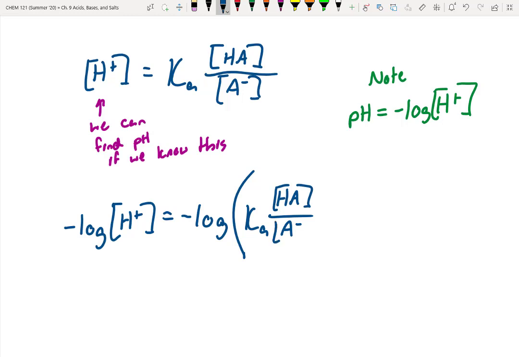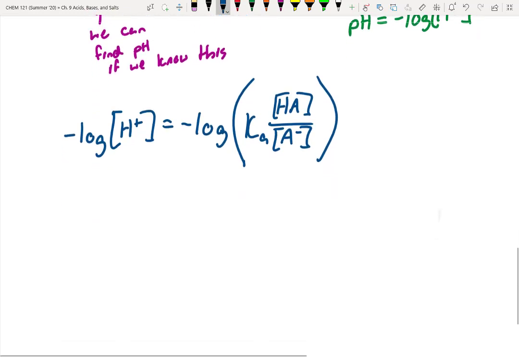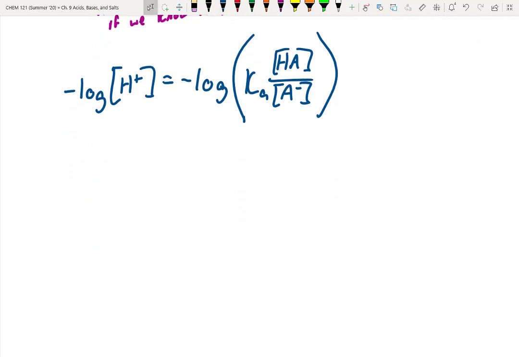Now, if you remember way back to your math classes, there are log rules we can use here. So over here, we said that this is going to be the same as pH. But what do we do with negative log of the rest? Well, we can leave it as is. However, what's easier to do is to break this apart.